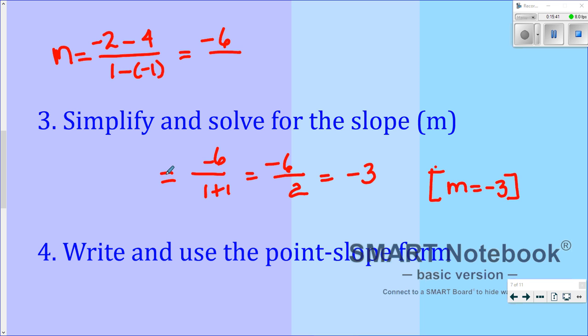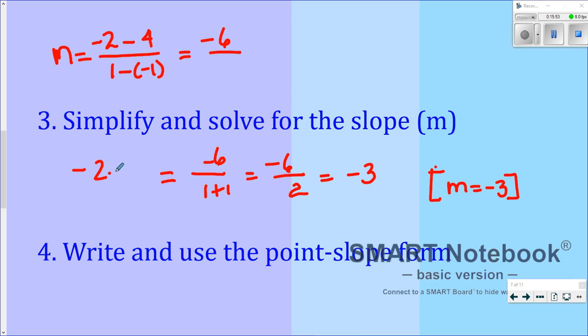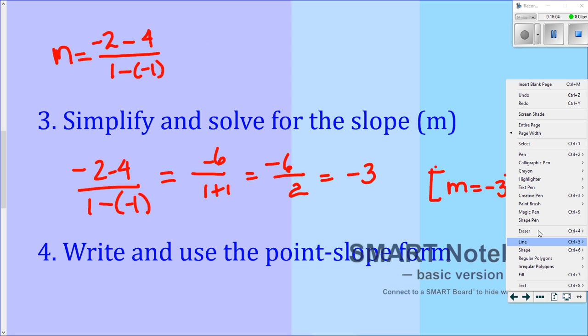And then, let me see, 2 minus 4, 1 minus -1, and I'll erase that one. So that way everything makes sense. Okay, going back.